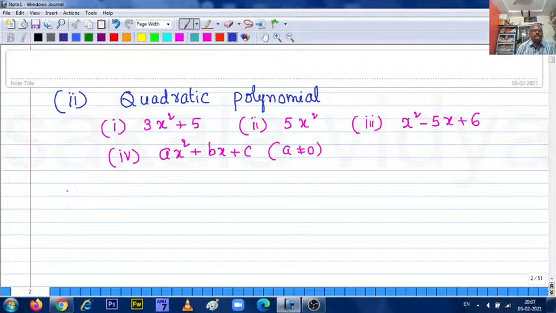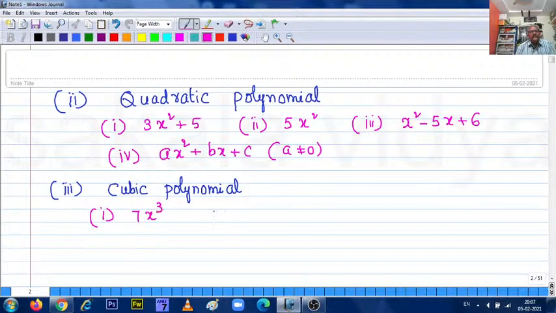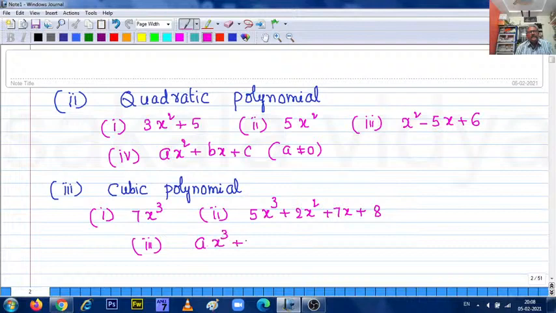Next, third one is cubic polynomial. Example for the cubic polynomial: 7x cube, or 5x cube plus 2x square plus 7x plus 8, or the general form of the cubic polynomial will be ax cube plus bx square plus cx plus d, where a does not equal 0.